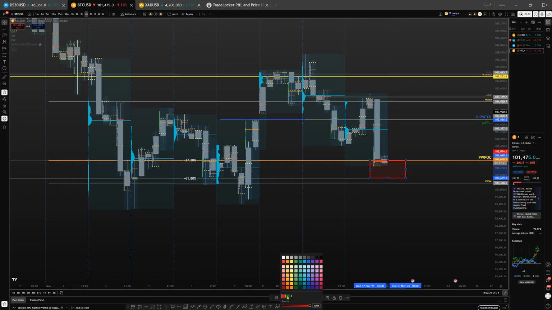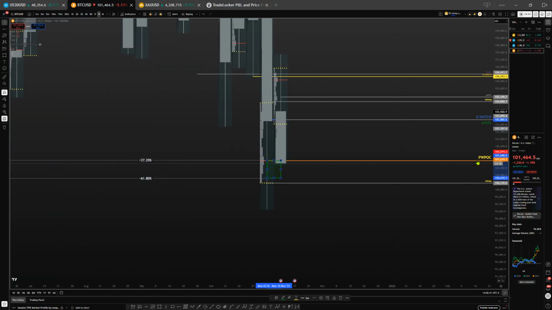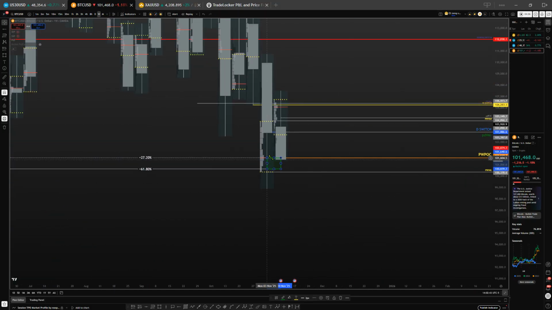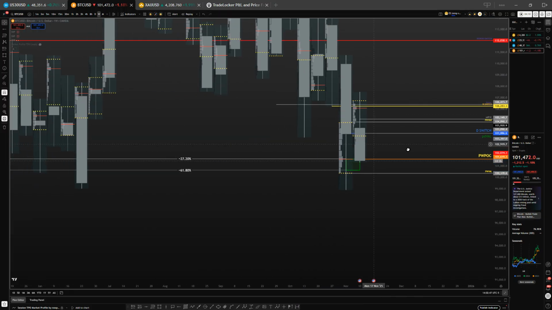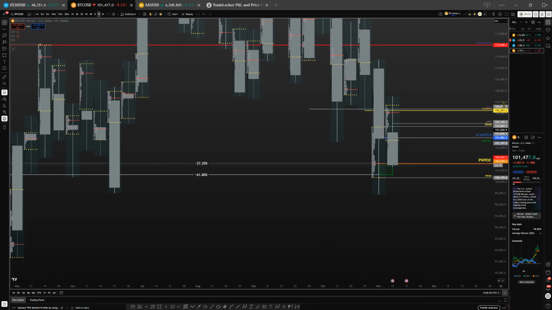And if we get a confluence of the volume, which we do, a nice naked point of control on the weekly chart, aligning pretty much exactly with that minus 27.2, that gives me conviction that that's a firm area to target.